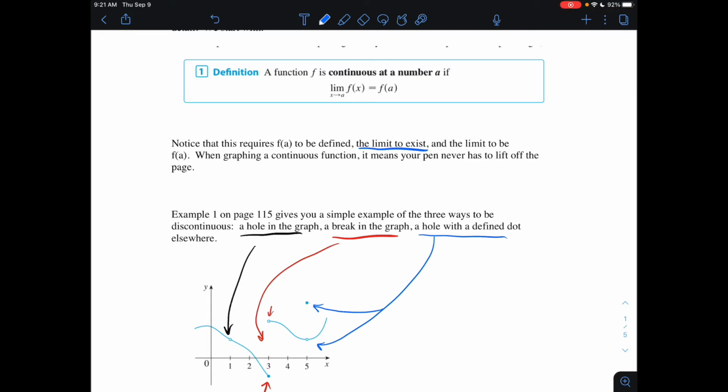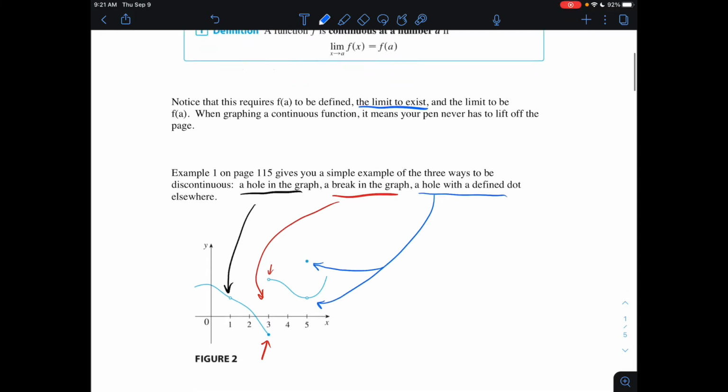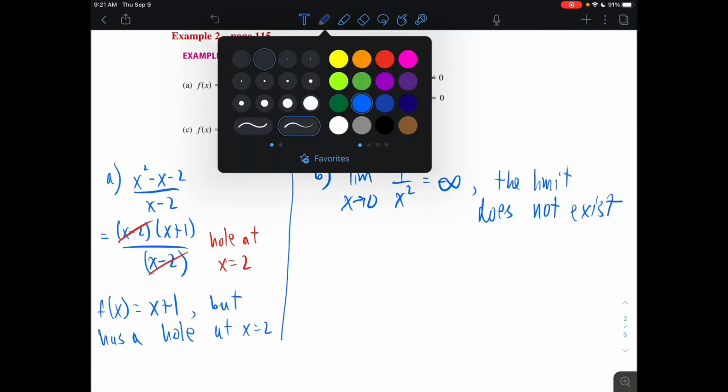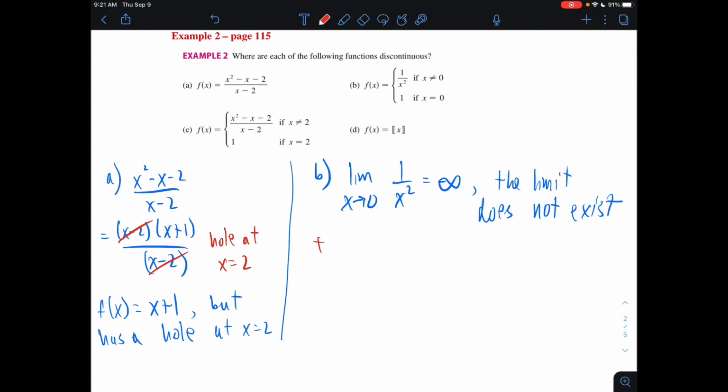So we don't have that. At 0, the limit doesn't exist. So we would say there's a discontinuity, or the function is discontinuous. There's a break in its graph at x equals 0.